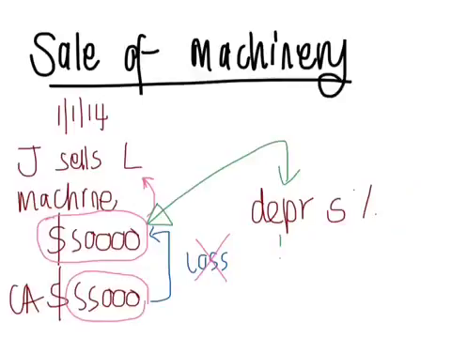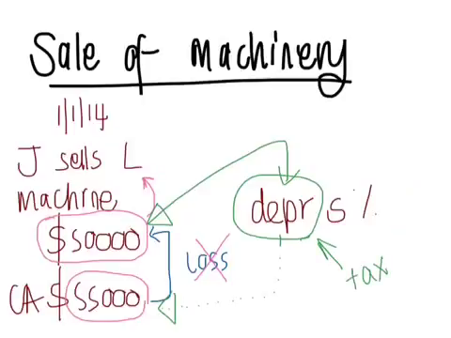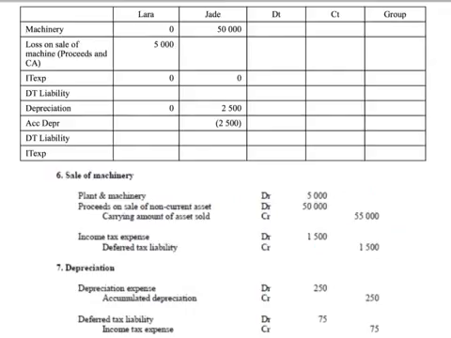However, from the group perspective, depreciation should be based on the carrying amount of the machinery as it's stated in the consolidated results, which is $55,000. So there's going to be a depreciation adjustment, and with that, the tax effect of that. Okay, so let's go and look at the journal.